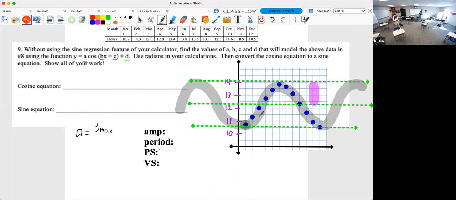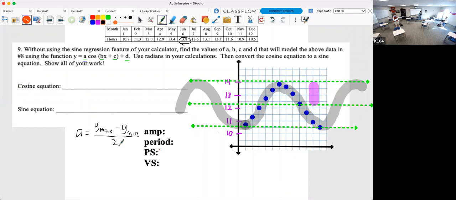What's our max Y value? 13.8. It's that top green line. We're figuring out how far it is from Y max to Y min and then dividing by 2. So you subtract those, and then you divide by 2. That will give you your amplitude.